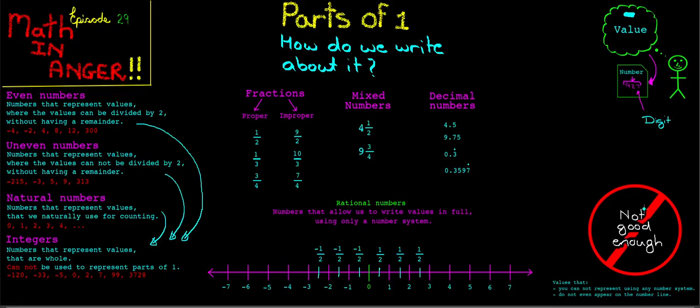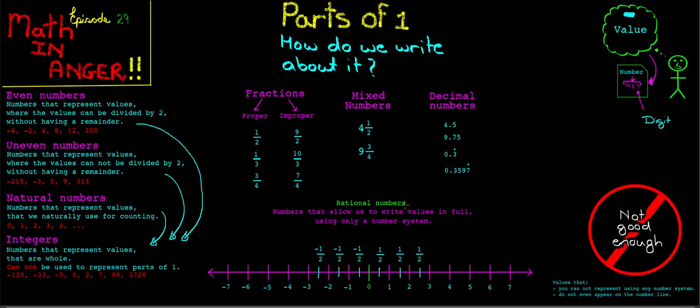The thing is, I'm bringing this up now so that you are prepared for learning about how we write parts of one that cannot be written using any of these methods. Okay. Another thing I need to bring to your attention is everything you see here is part of another number set, the rational number set.